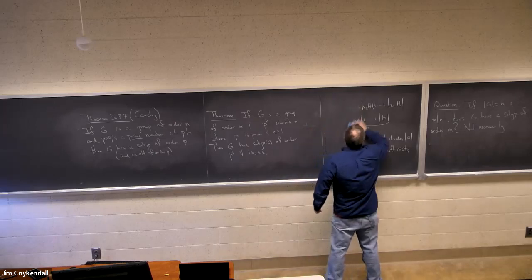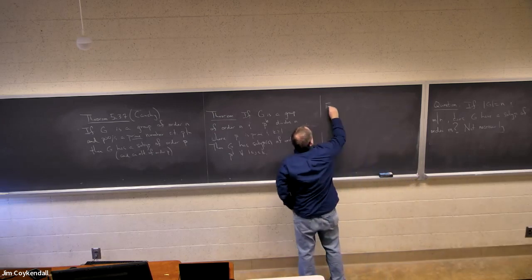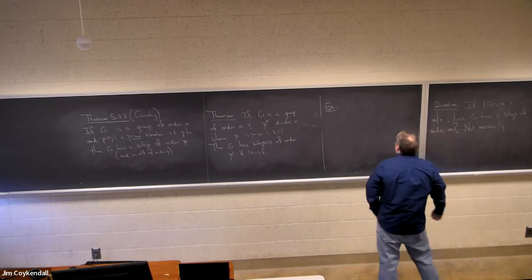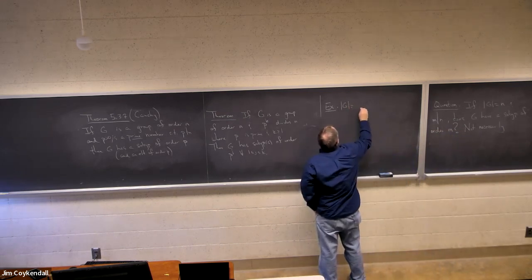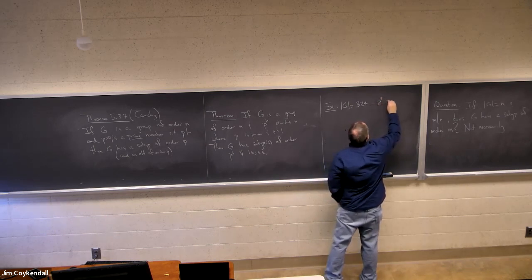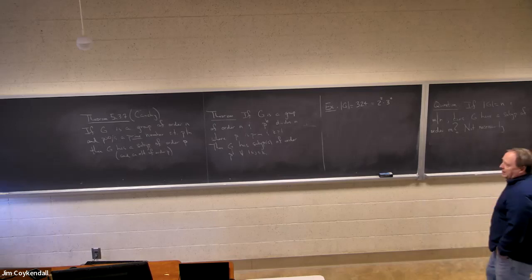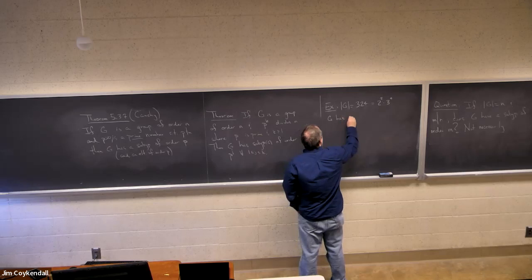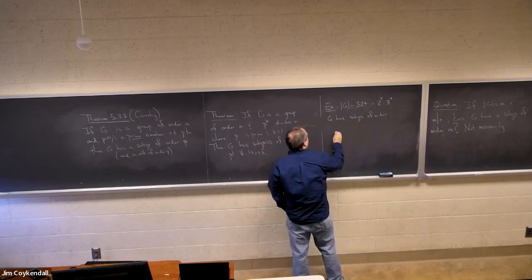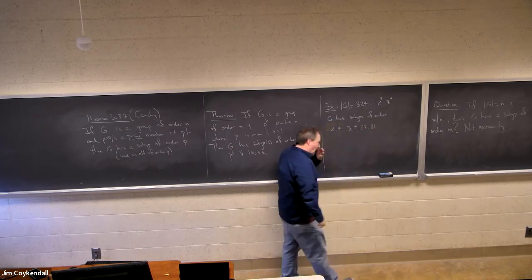Let me give you a quick example to show what I mean. For example, if the order of G is 324, which is 2 squared times 3 to the 4, if you have a group like this, then G has subgroups of order 2, 4, 3, 9, 27, 81.